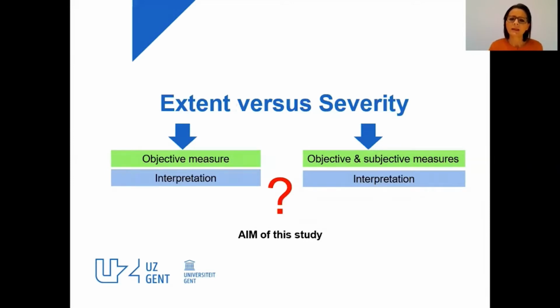And this was exactly the aim of our study. We were interested to investigate the objective and subjective measures that could influence the severity perception. Moreover, we would like to investigate the interpretation of, for instance, a mild, moderate, and a severe vitiligo.